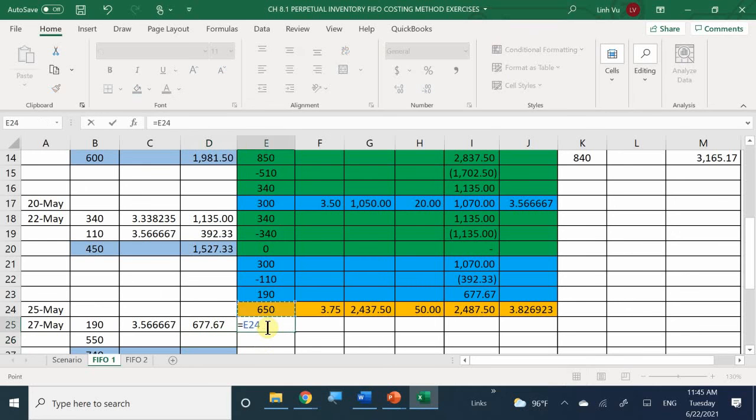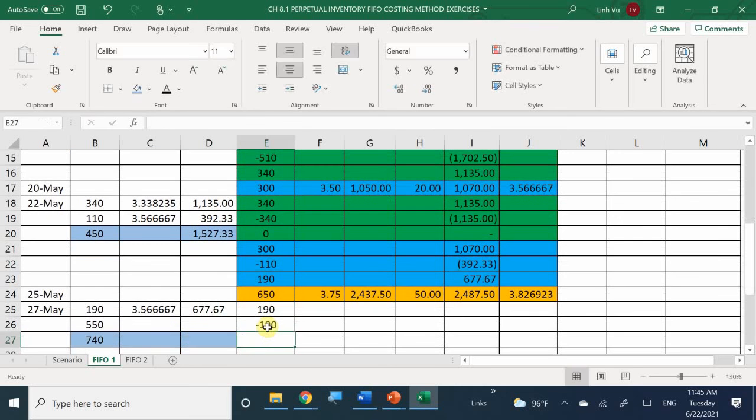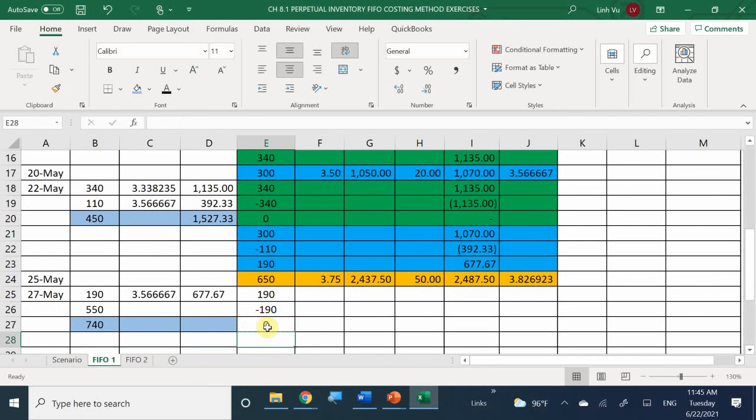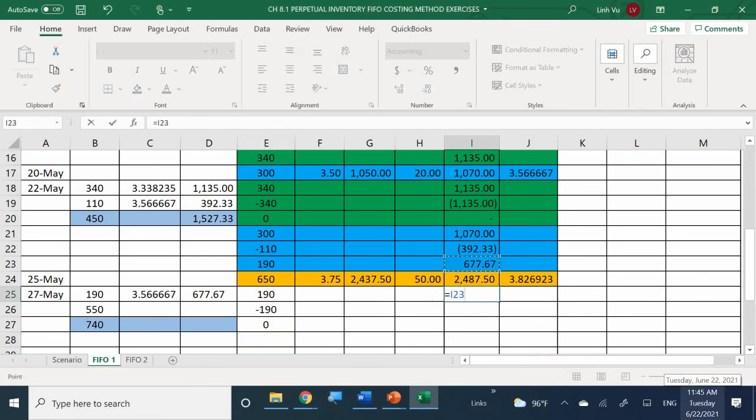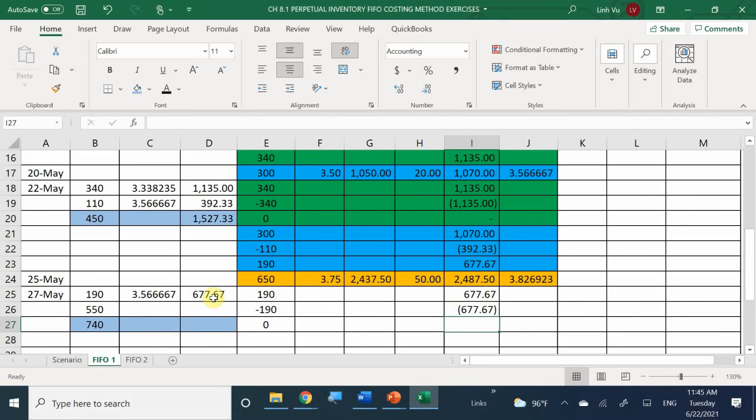So in this case, carry down this, subtract that. If I'm getting rid of the whole entire thing, my value should now reflect as 0, 0 on both sides for quantity and total cost.